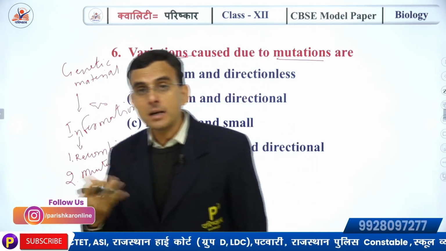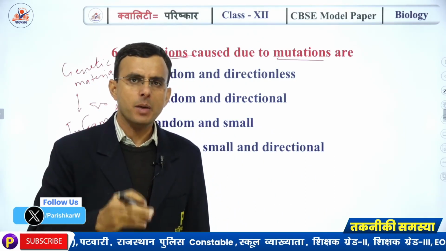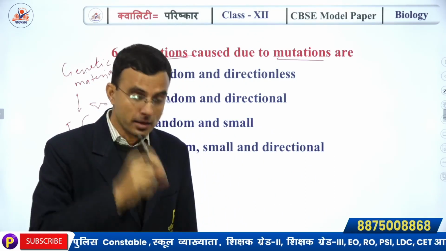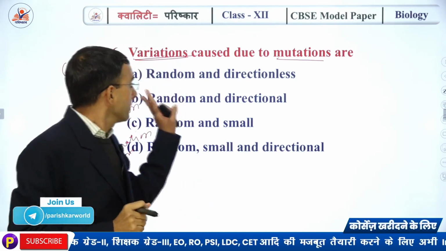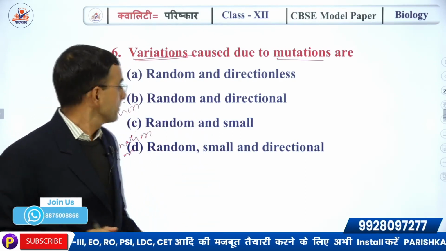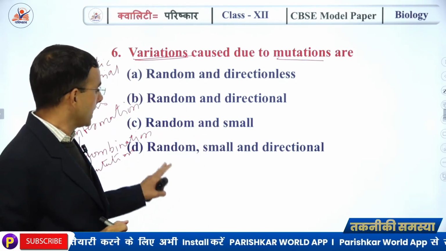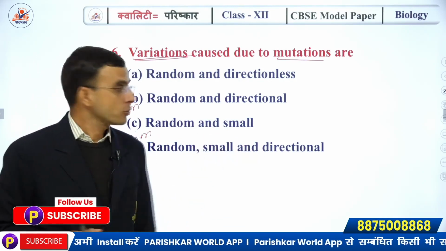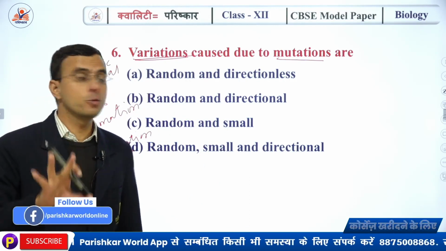So what are these variations? Are they permanent in the cell? Are they permanent in the organism? Look at this: they are random and directionless; random and directional; random and small; random, small and directional. So which option is about the variation caused by mutation?